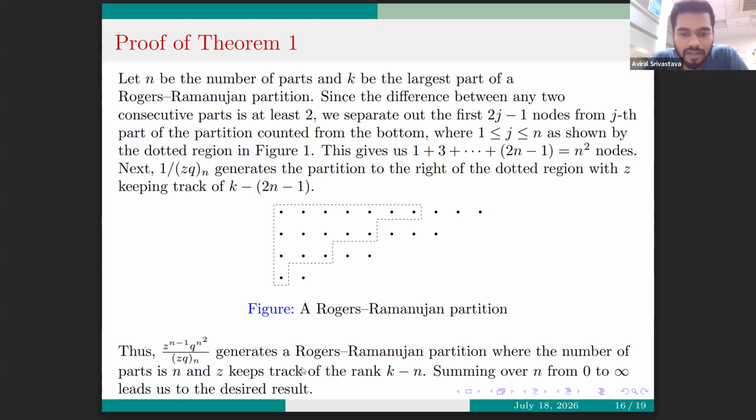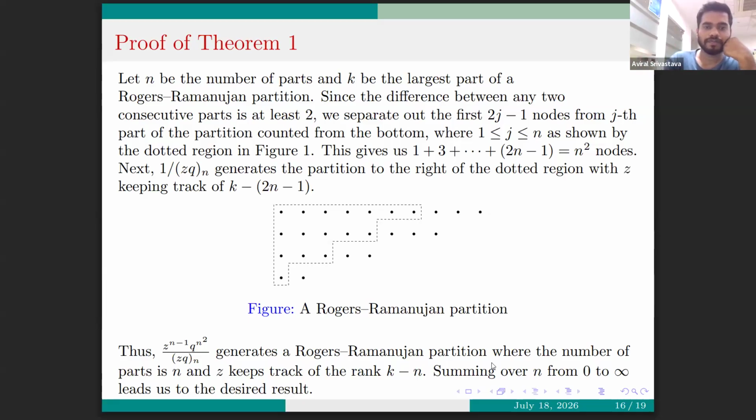Multiplying all this together completes the proof. Of course, we need to sum over all such n, that is, over the number of parts, so we are summing over n from 0 to infinity, and this is the rank generating function for the rank parity function.